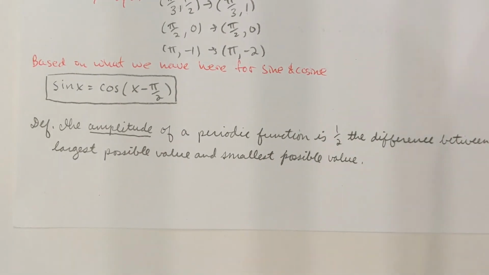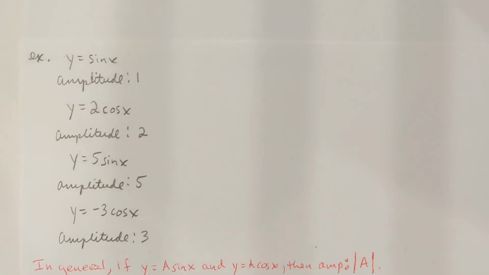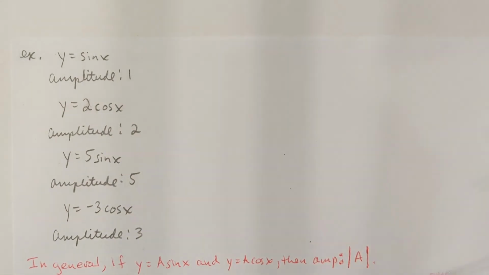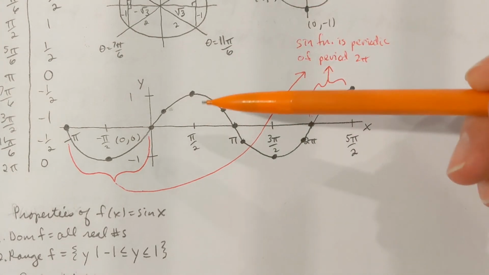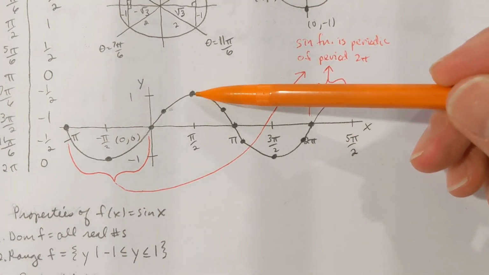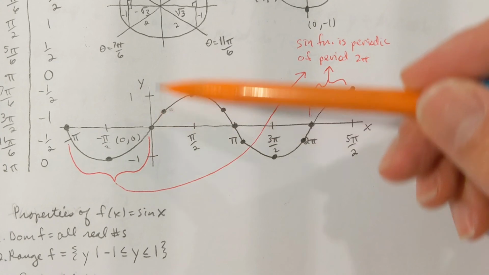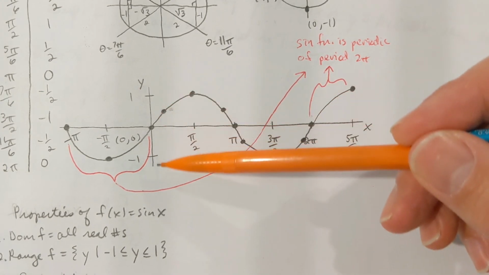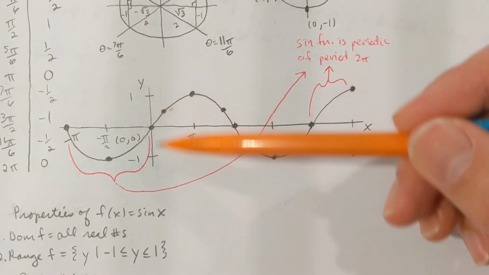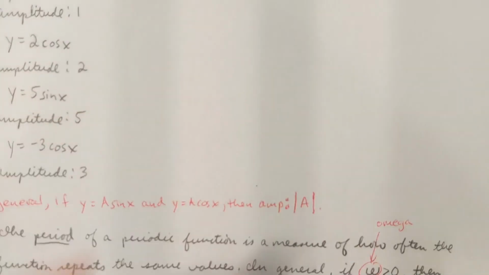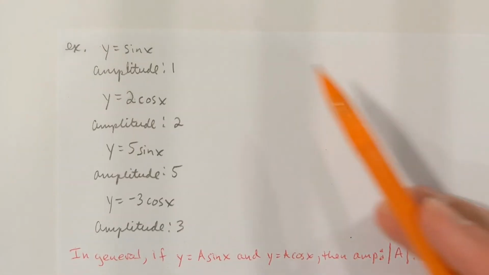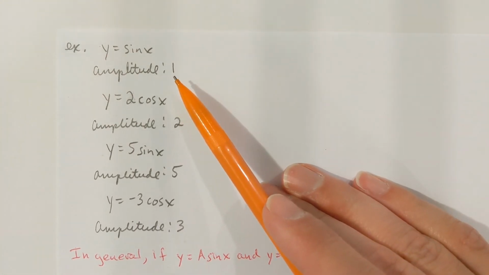So like if I had y equals sine x, which we've seen that graph, the highest point is at a height of 1. The lowest point is at a height of -1. So the distance from the highest to the lowest points would be a distance of 2 units. Okay. Now I want half of that distance. Therefore, the amplitude of the sine curve would be 1.